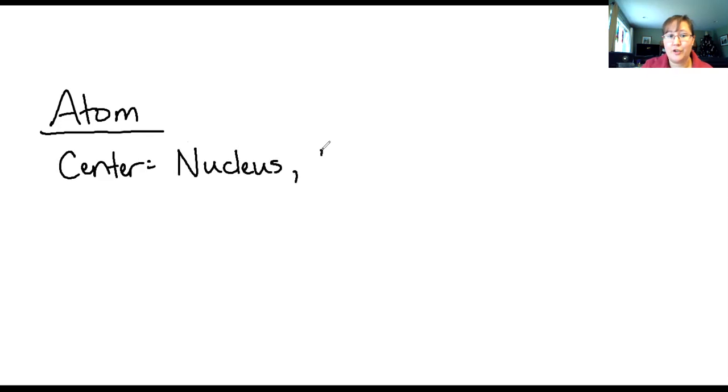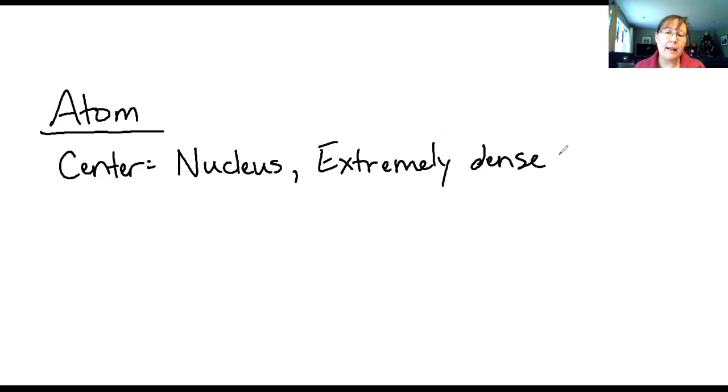The nucleus is extremely dense, and it contains almost all of the mass for the entire atom. If the nucleus was the size of a marble, the electron cloud, the atom itself, would be the size of a football field. But all of the mass in it would be in the marble, and there would be no mass in the rest of the football field.